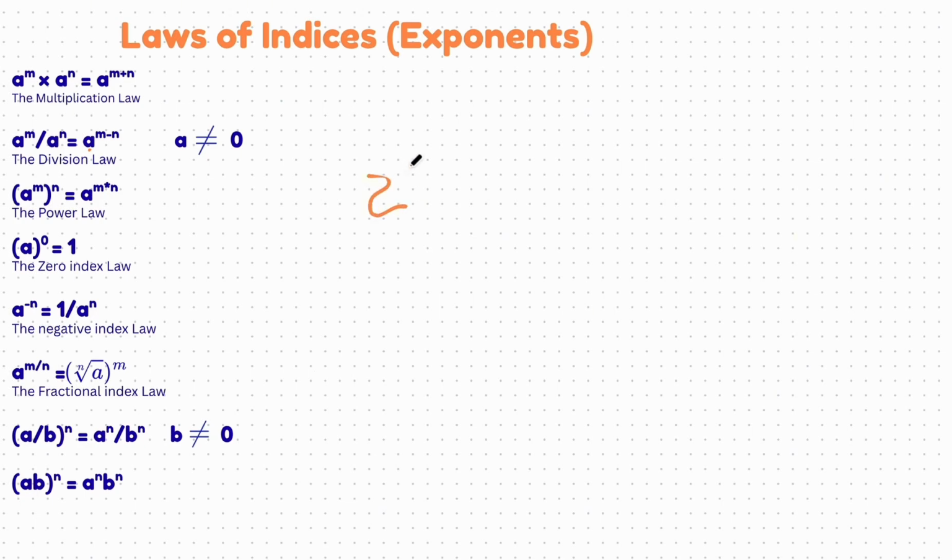So say you were given 2 squared, which is 2 to the power of 2, in bracket, raised to the power of 3. This would equal 2 to the power of 2 times 3.